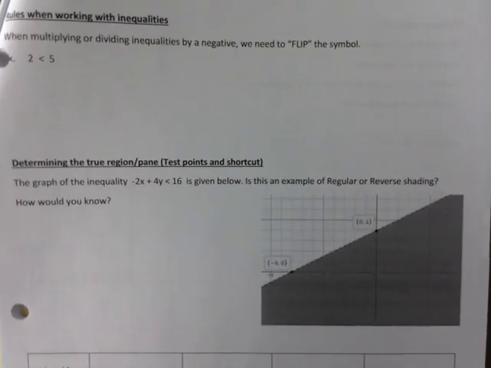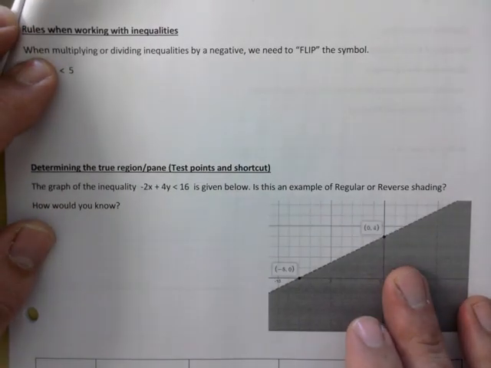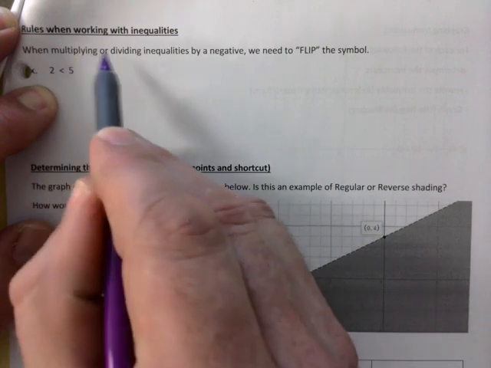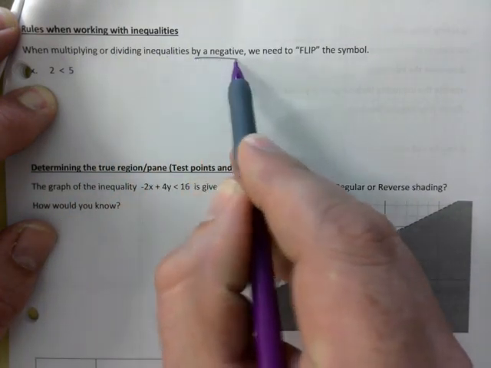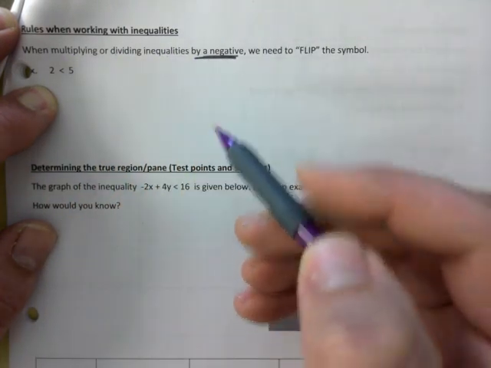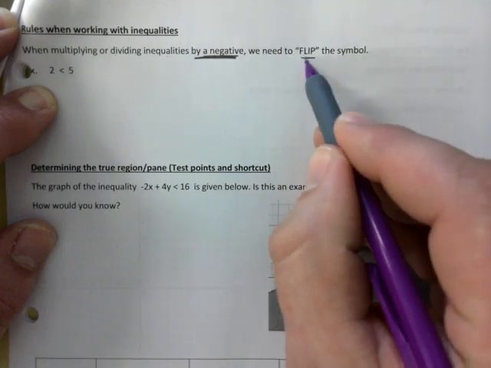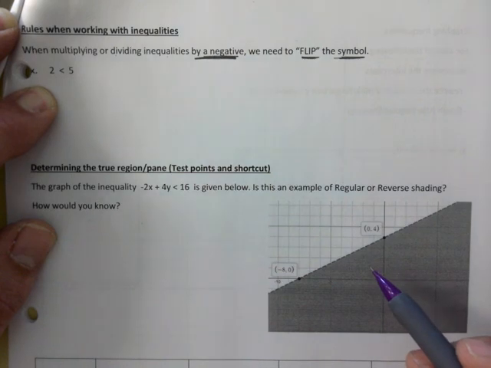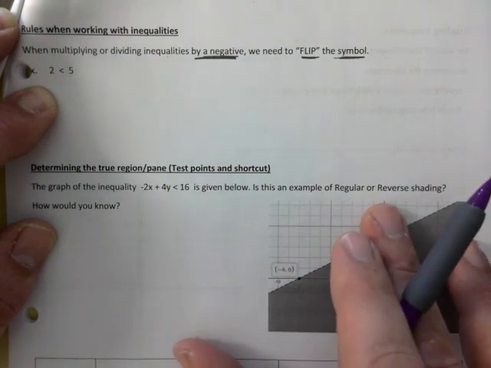Top of page 18, rules when working with inequalities. Watch this. When multiplying or dividing inequalities by a negative, maybe underline that, we need to flip the symbol. We need to flip the symbol. What am I talking about, right?